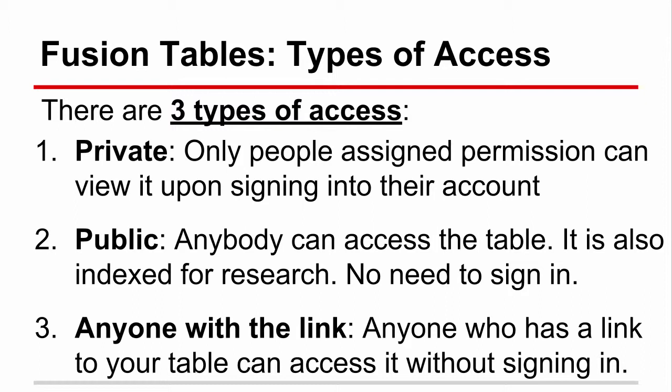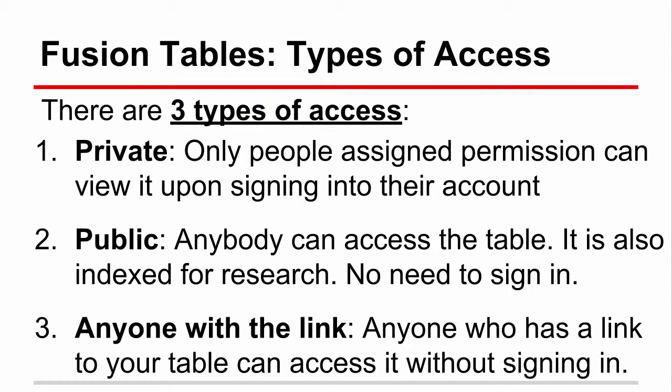It would also be indexed for search engines to find. No signing in is required. The anyone with the link access will allow anyone with a link to access your table without signing in. But in this instance, the table is not indexed and cannot be found by search engines.